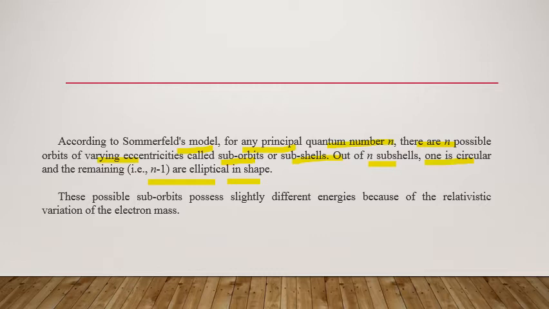These possible suborbits possess slightly different energy because of the relativistic variation of the electron mass. So Sommerfeld gave the observation of the subshells or suborbits, which have circular as well as elliptical paths.